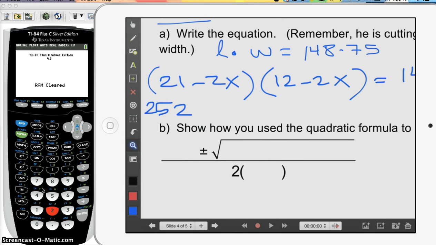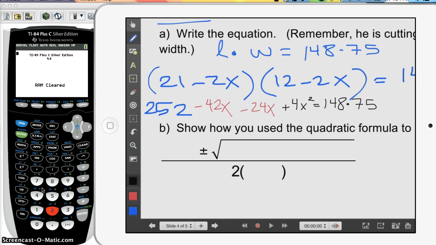Now when you FOIL, 21 times negative 2x is going to give me negative 42x. And then the negative 2x times 12 is going to give me negative 24x. And then if I FOIL negative 2x times negative 2x, that's going to give me 4x squared, which is equal to the area that I have, which is 148.75.